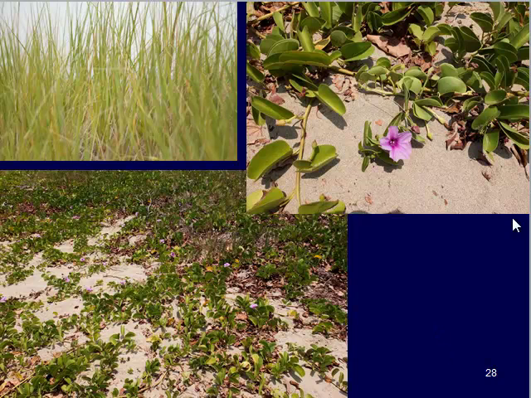So all of these plants and animals that live in the coastal portions of the ocean are pretty hardy organisms that can withstand some pretty amazing conditions: the temperature changes, the salinity changes, and the changes in exposure to air versus water.